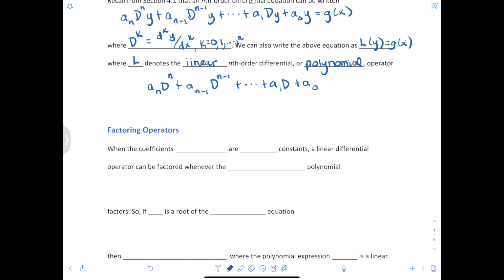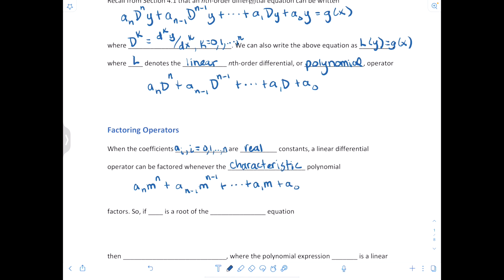When the coefficients ai, where i is equal to 0, 1, all the way down to n, are real constants, a linear differential operator can be factored whenever the characteristic polynomial a sub n times m to the n plus a sub n minus 1 times m to the n minus 1 plus dot dot dot plus a sub 1 m plus a0 can be factored.